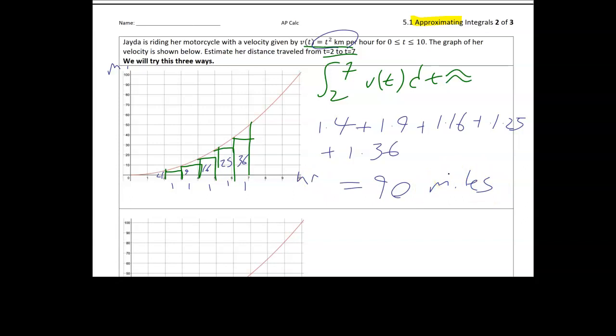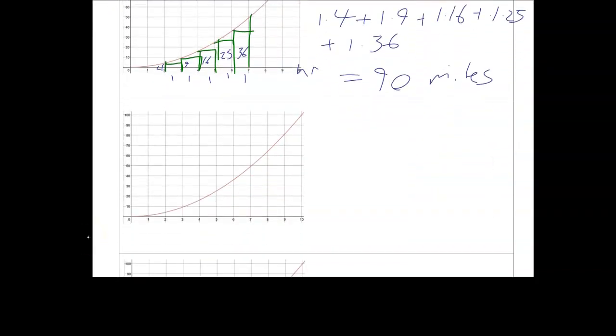So this was not the only way to do this. I can chop it up in a number of ways and make a good estimate a number of ways. For example, what if I considered the same time interval from 2 to 7, but instead of making my rectangles underneath, I'm going to make them poke out above?